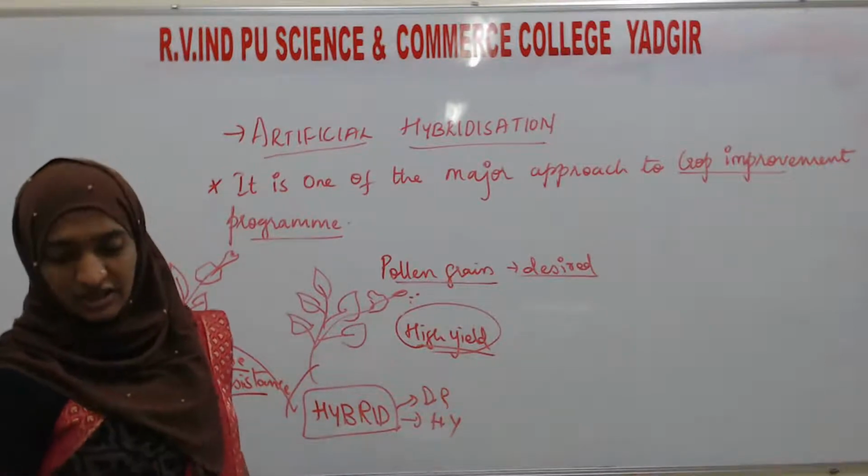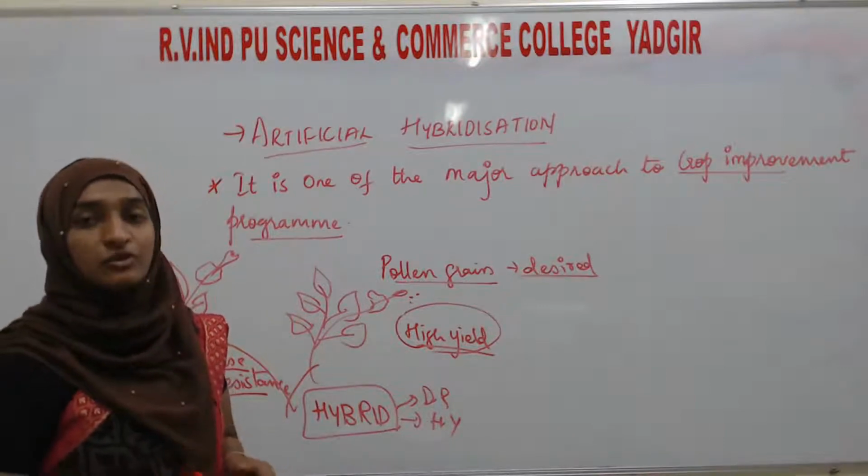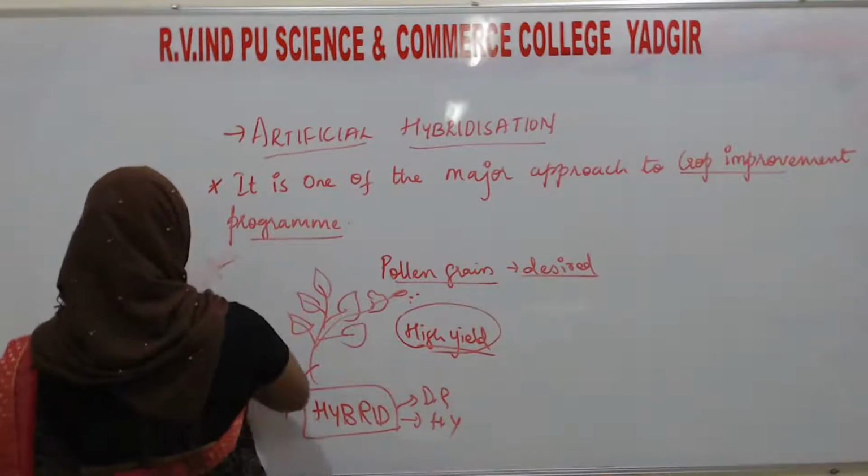And artificial hybridization can be achieved by two methods, that is the emasculation and bagging method. Let's see about that one.